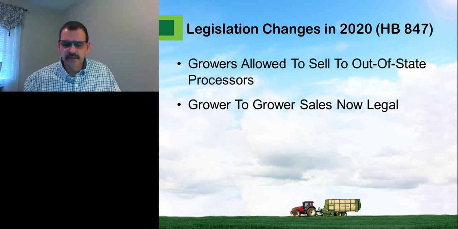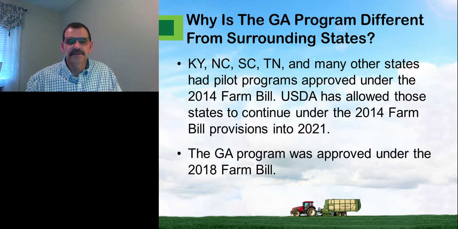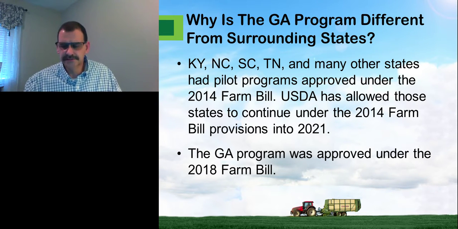We received a lot of questions last year why the Georgia program is different from programs in surrounding states. Well, that has to do with when the program began. The 2014 Farm Bill allowed the cultivation of hemp in a pilot or a research program if the state passed legislation making hemp legal.